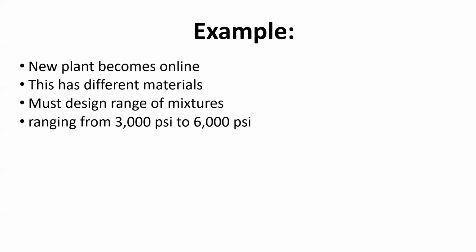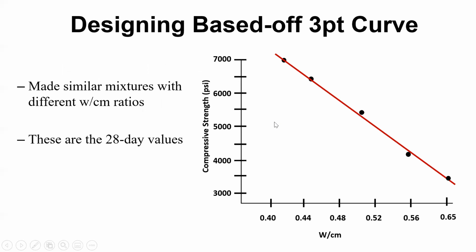But to get people set up, that's kind of how you do it. And you do about every 500 PSI. So 3,500, 4,000, 4,500, you go all the way up to about 6,000. So what I did was I said, okay, well, let's go ahead and just make some mixes, make them very similar.